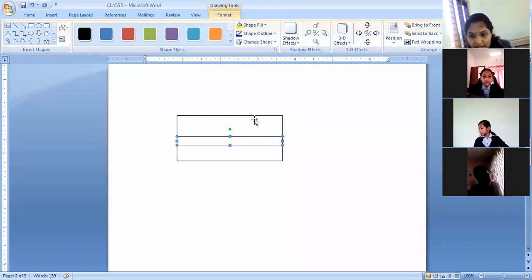In lengthwise pathway, the rectangle and the pathway have the same length. The pathway is parallel to the length of this rectangle. Idinte length inu parallel aayitana pathway പോകുന്നത്. Clear? Next one is the breadthwise pathway.